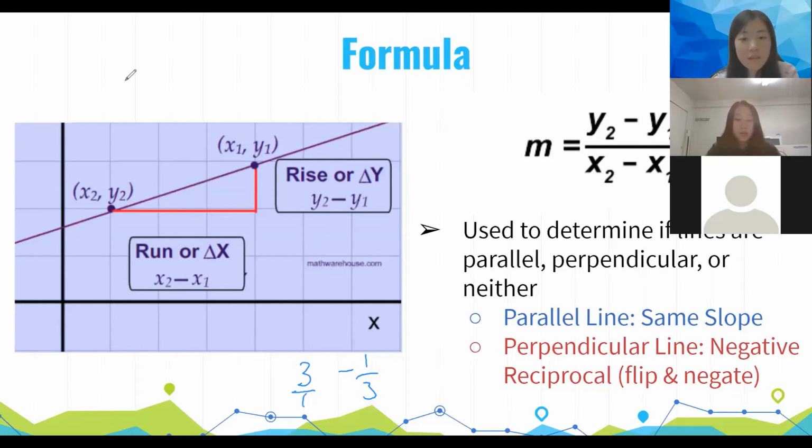So basically, you flip it. It's 1 over that number. But for fractions, you can just flip them and add the negative sign. So for example, if it's 4/5, the negative reciprocal will be 5/4, and you negate it, add a negative sign.